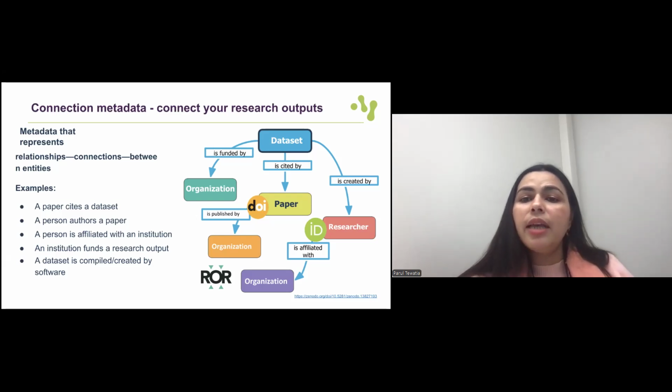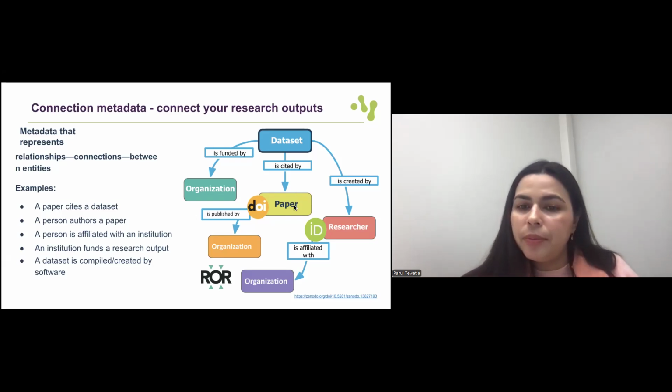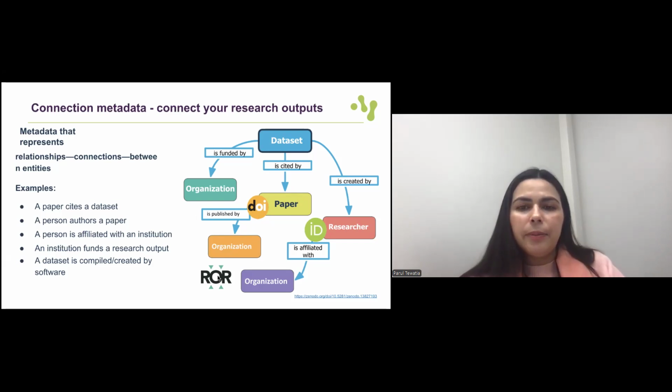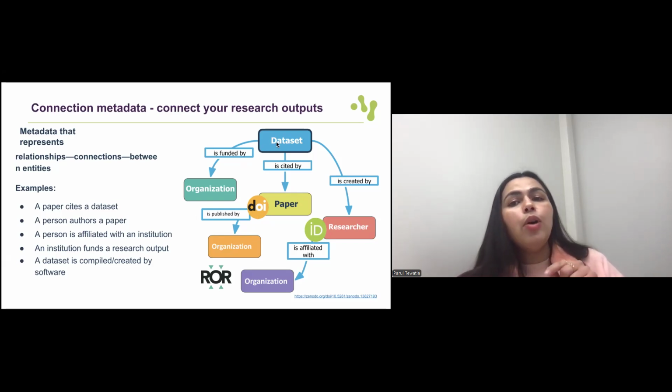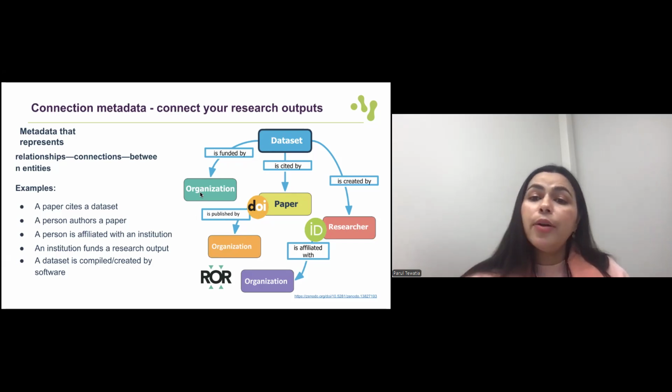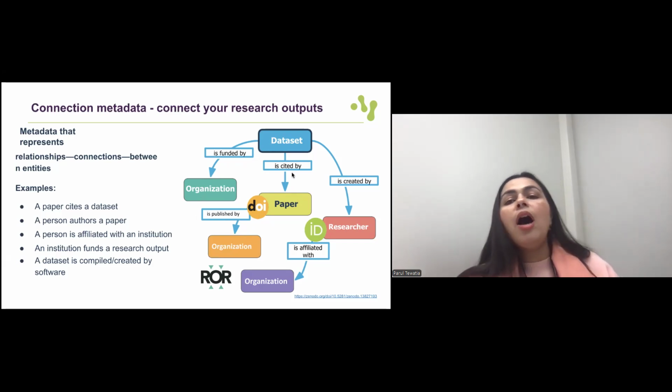So a data set is cited by some paper, which has a DOI. This paper is published by some organization that has a ROR ID, right? Also, the data set that you have produced was funded by some funder, which is also an organization, which also has a ROR ID.